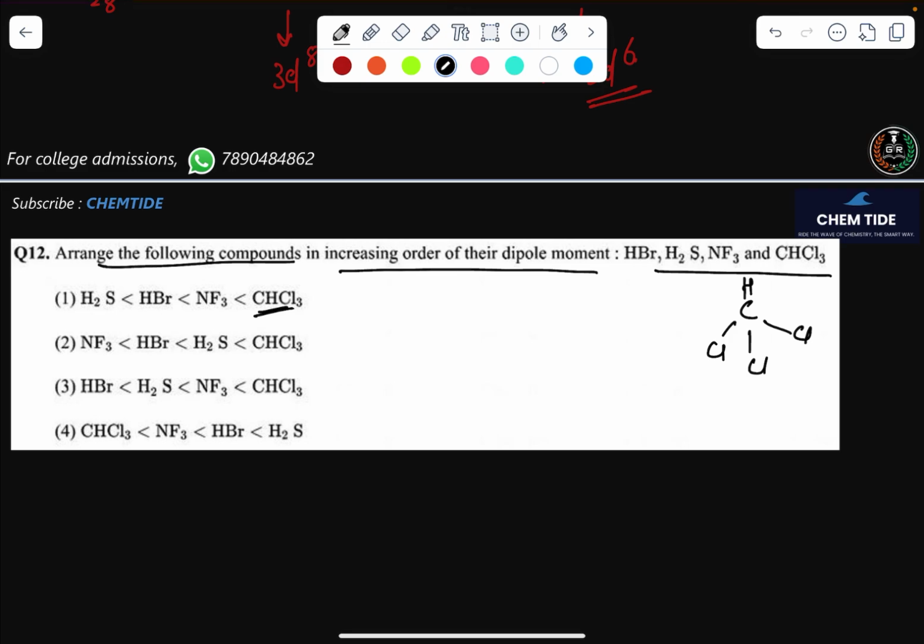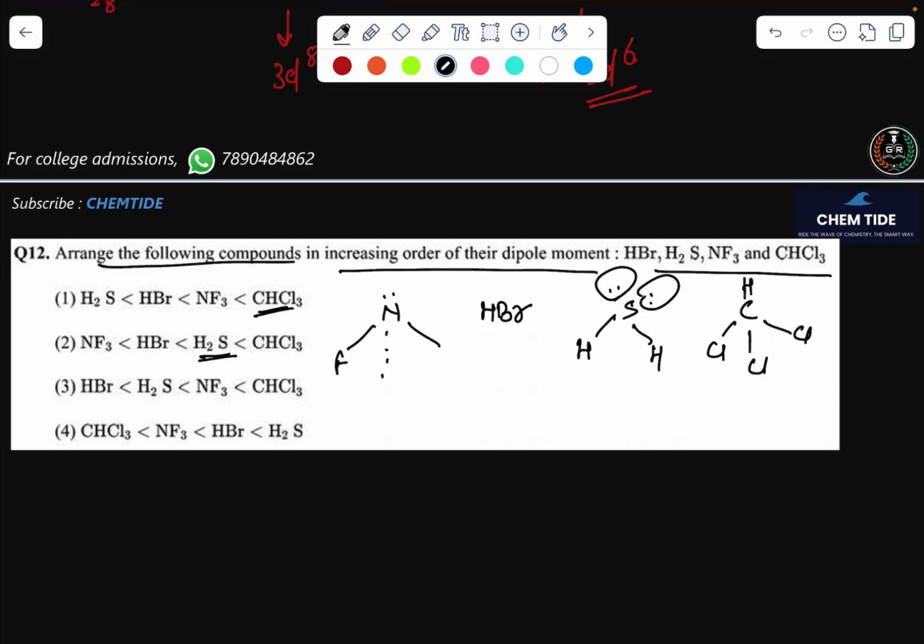Then we should have H2S, since sulfur is just like H2O. Then we should have HBr. Then NF3. The electronegativity difference is not that great, so that is why it falls apart. So that should be the order. So we have question number 12, and we should have an answer of 2.